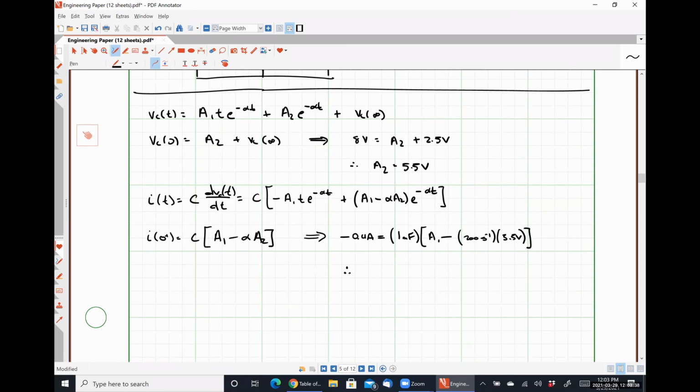So with a little bit of algebra, we can figure out what A1 is.